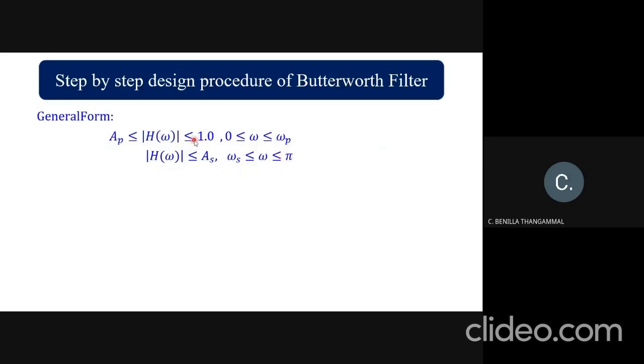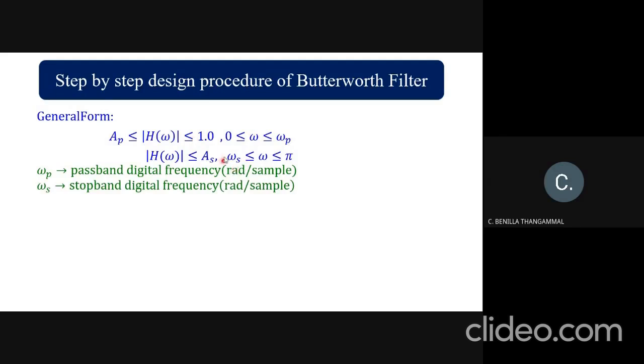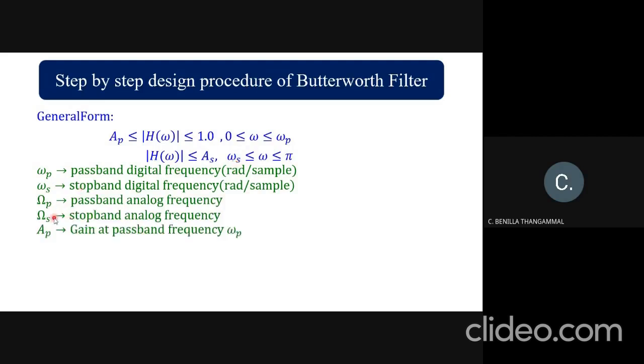From this problem statement, five parameters are very important. You are going to fetch these five parameters before you start the problem. The first one is ωp, the passband digital frequency, and ωs is the stop band digital frequency. Then Ωp and Ωs are the analog frequencies of the passband and stop band. Ap is the gain at the passband, and As is the gain at the stop band.